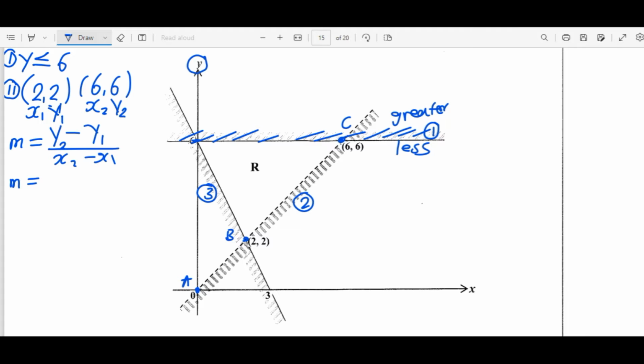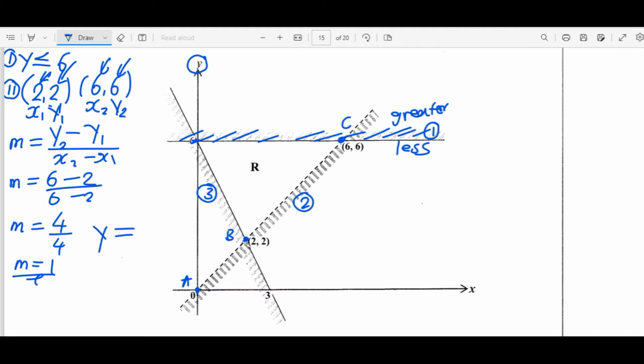The y2 is 6, the y1 is 2, over the x2 which is also 6, minus 2. 6 minus 2 is 4, over 4, giving me my gradient of 1. So if the gradient is 1, and the x value is equal to the y value, the equation will be y is equal to x.